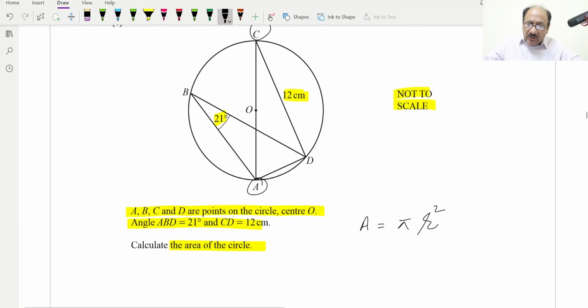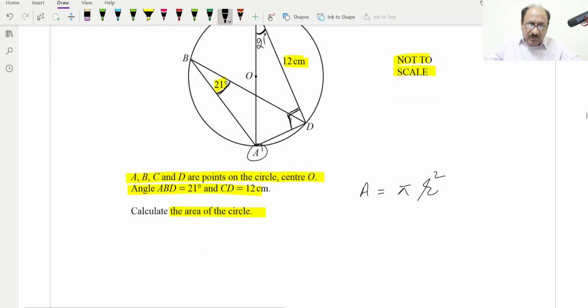So we can find this side. Basically ACD is a triangle in a semicircle, so this will be a right angle, and this 21 angle ABD and angle ACD, these two will be angles in the same segment, so this angle will be equal to this one. So both are 21 degrees.